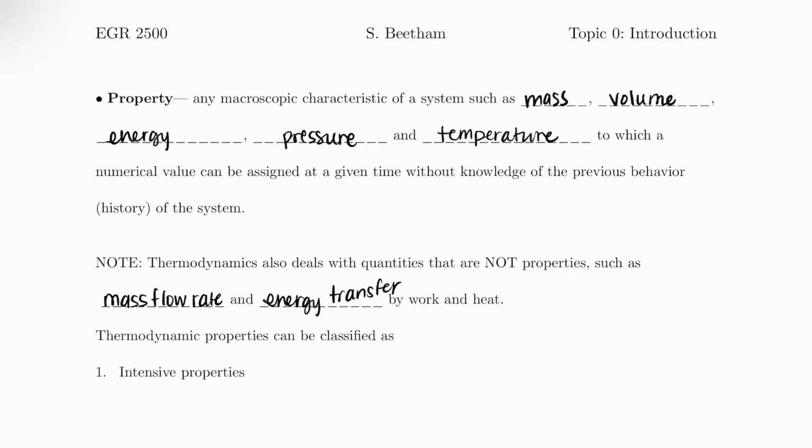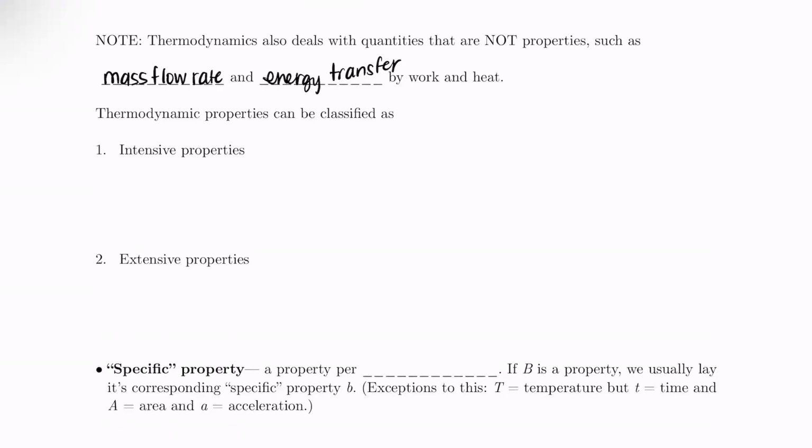Okay. All of the properties that we care about in science broadly and thermodynamics as well are going to be able to be classified as either intensive or extensive properties. Have we heard of these terms before? No? Okay. So an intensive property is a property that is independent of the size of the system.